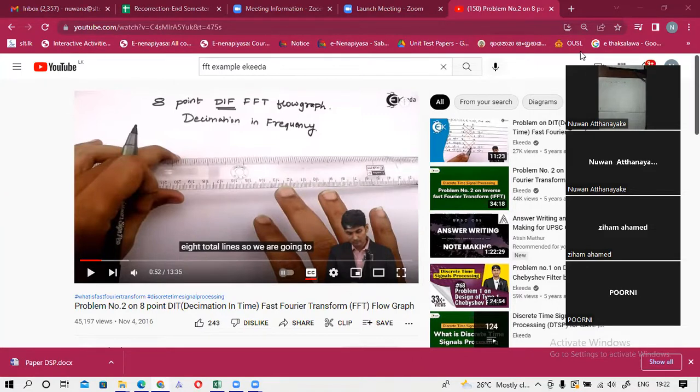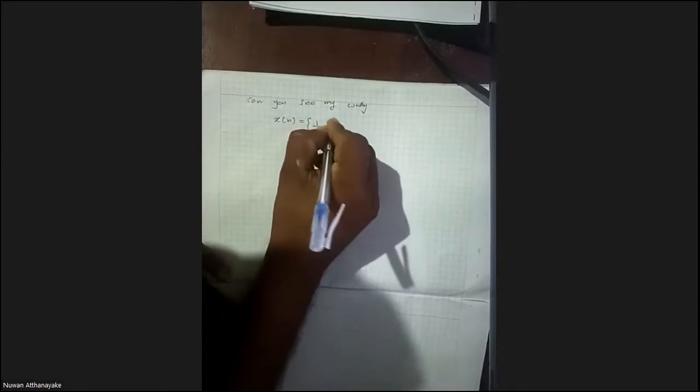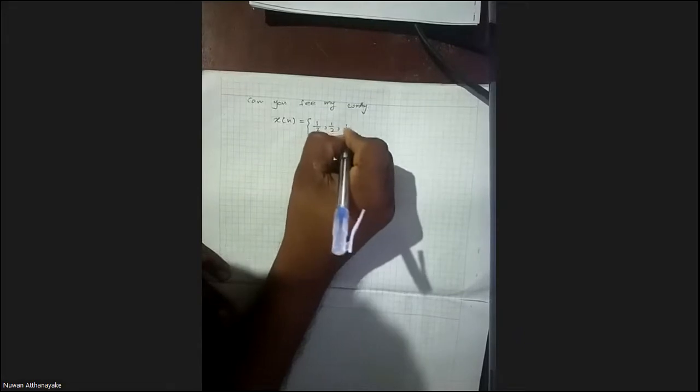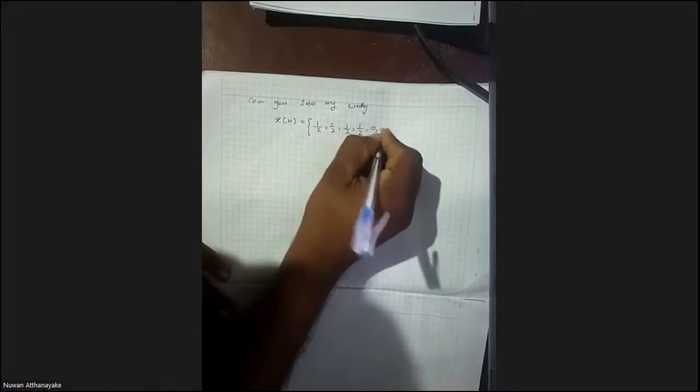So we will move to our question. We are given a sequence x[n] equal to, and 4 zeros.